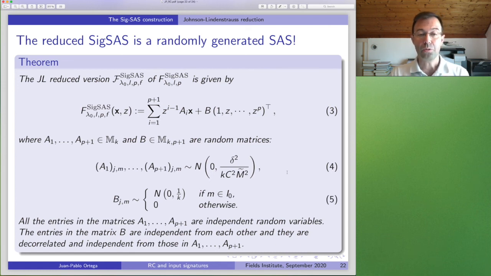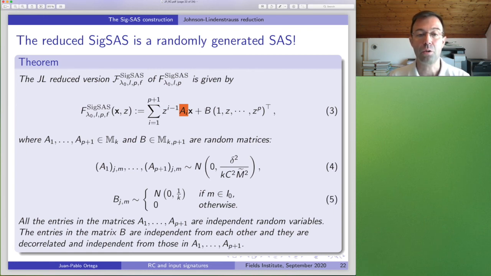You take this 6-SAS system, and if you randomly project it, what you obtain is another 6-SAS, because you have these polynomial terms and then these matrices, matrices in a small dimension.